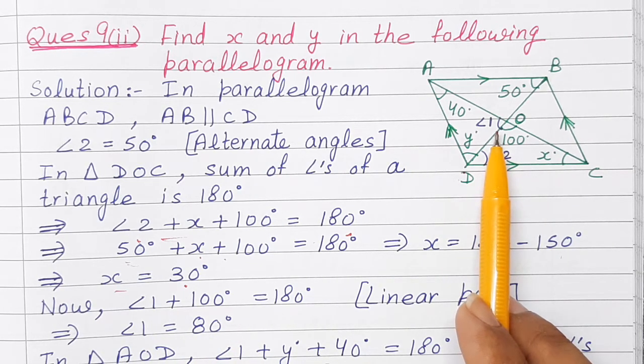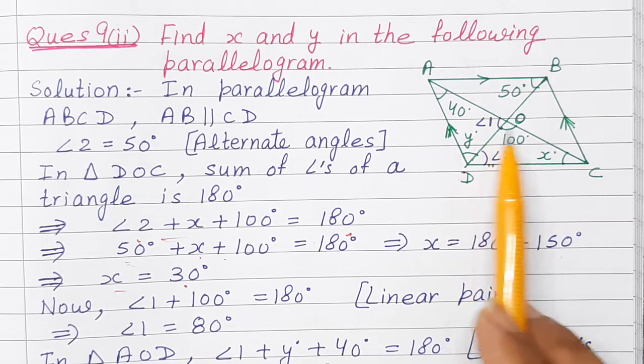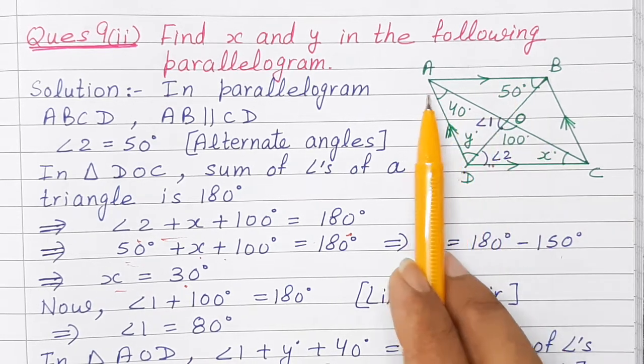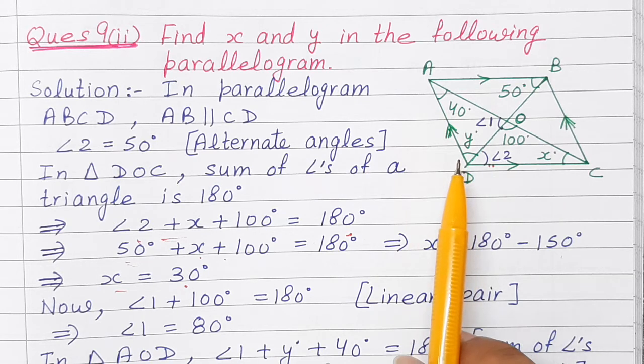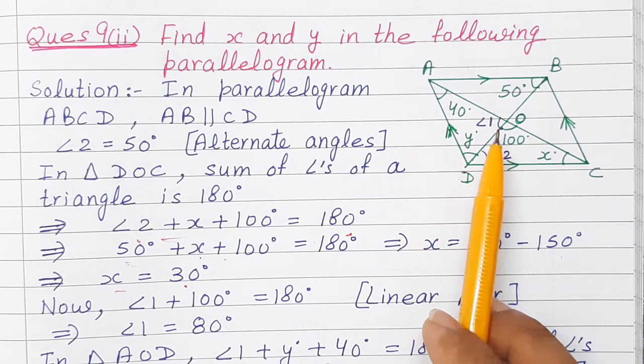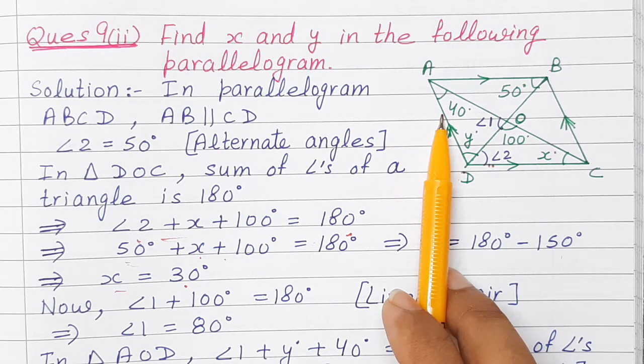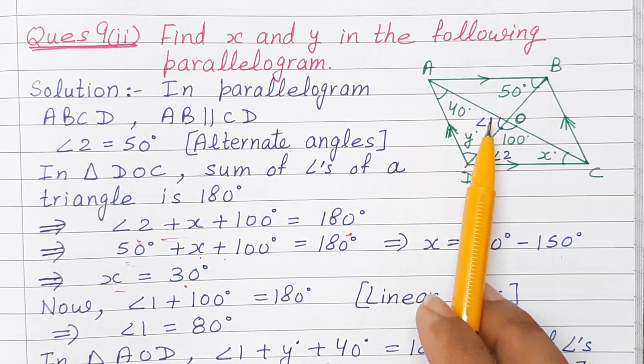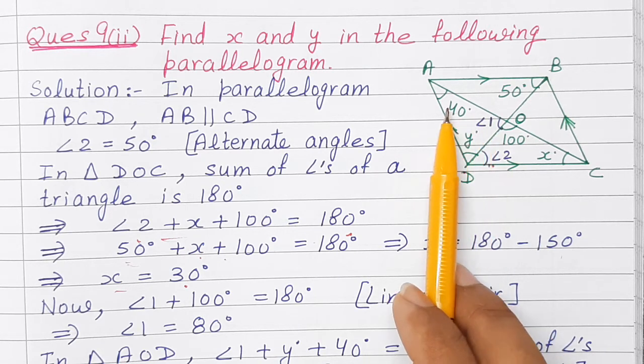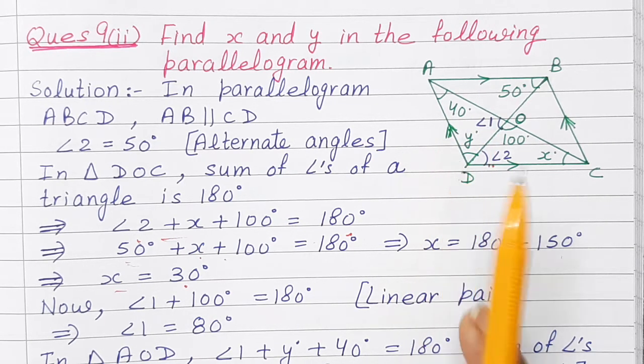Now again, by using the property that the sum of angles of a triangle is 180 degrees, that is angle 1 plus Y plus 40 is 180. Angle 1 we have just now found 80 degrees. So 80 plus 40 plus Y is 180 degrees.